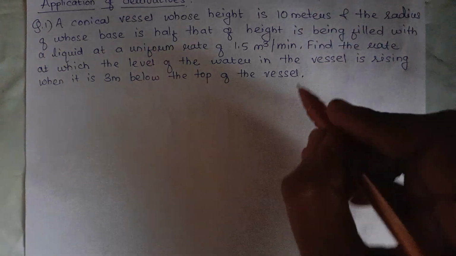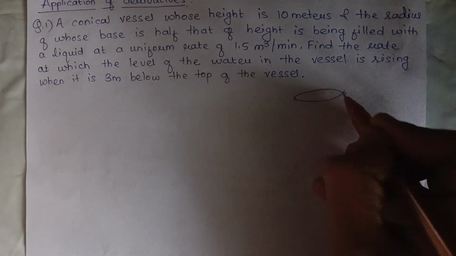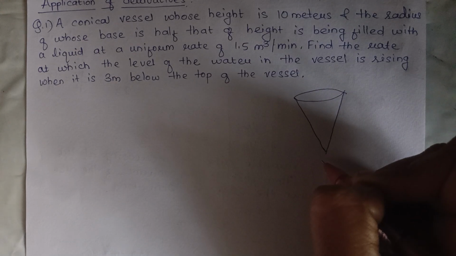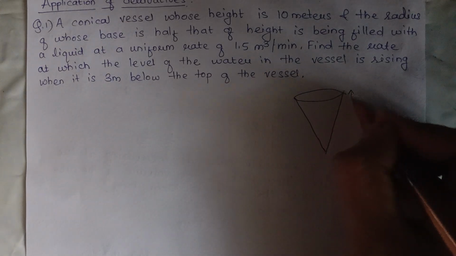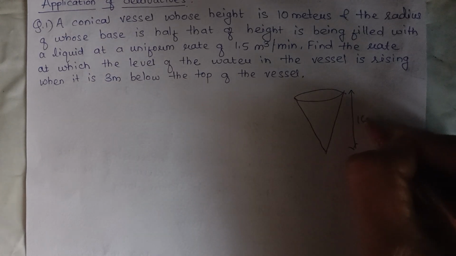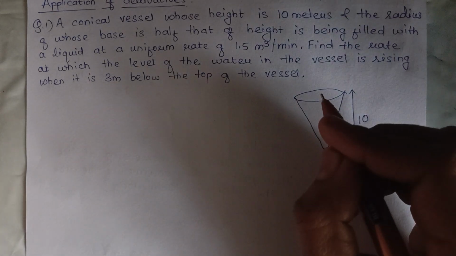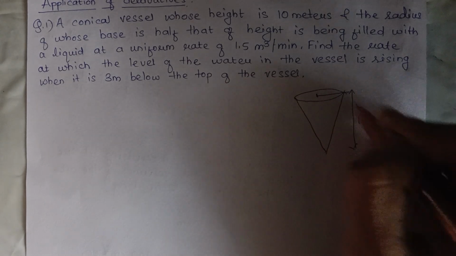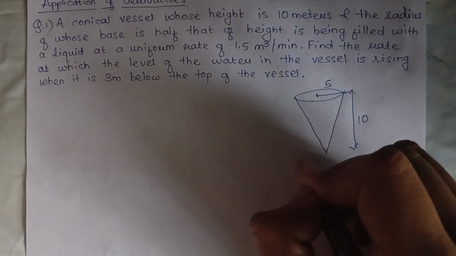Let's draw this first. So there is a conical vessel whose height is given. Height is 10 meters, and the radius of the base is half that of the height. Half means this will be 5.